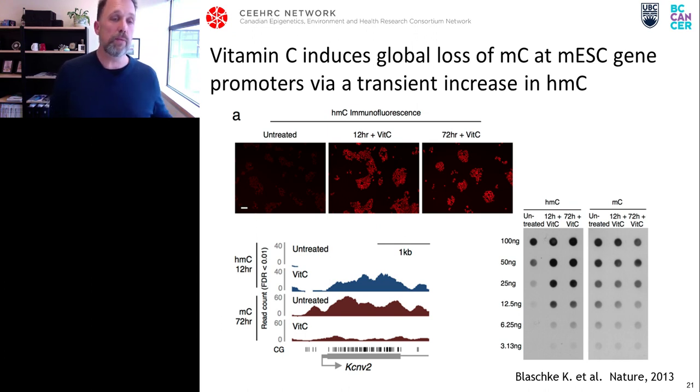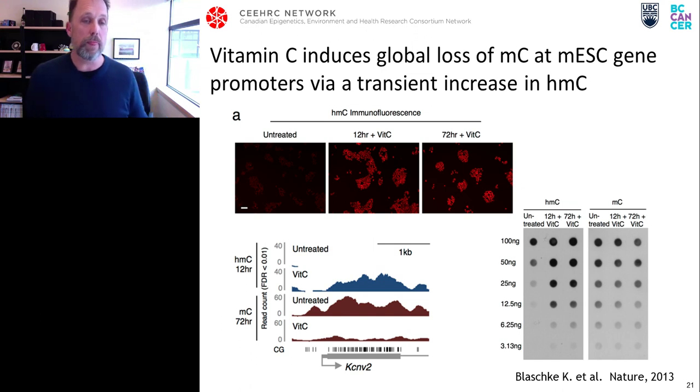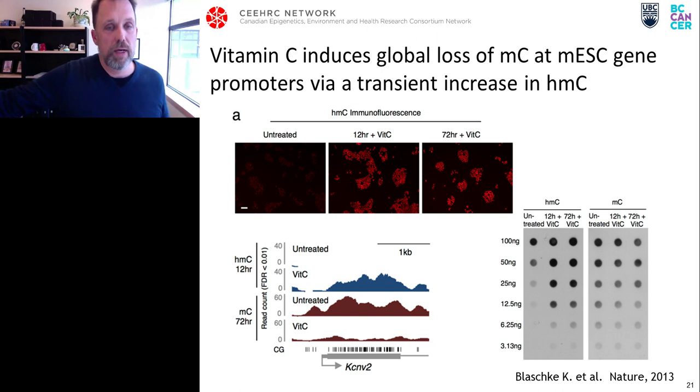So putting this together, following vitamin C treatment we see a gain of hydroxymethylation at the gene, and this leads to a subsequent DNA demethylation event at 72 hours. This is consistent with a model where vitamin C might be activating the TET enzyme, leading to this hydroxymethylation event. And the dot plot on the right-hand side shows this again in a quantitative measure, showing the gain of hydroxymethylation following vitamin C treatment.